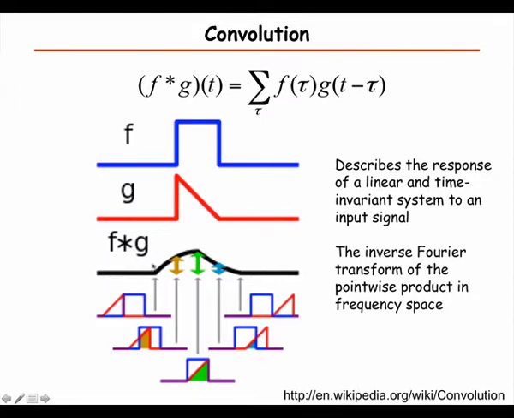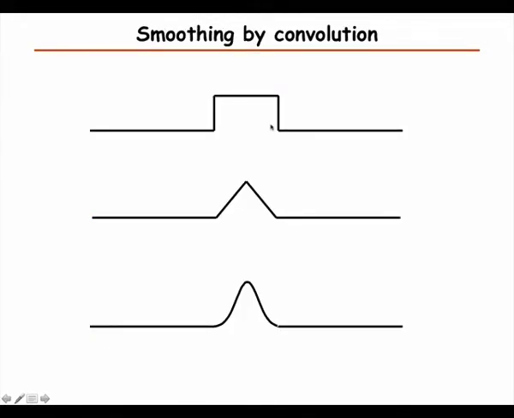So the convolution of these two becomes a function that first rises and then decays. Usually in our case, the convolution is done with a symmetrical function, because we want to smooth. The simplest is a rectangle, we can use a triangle, or we can use a smoother shape, like in this case a Gaussian form.